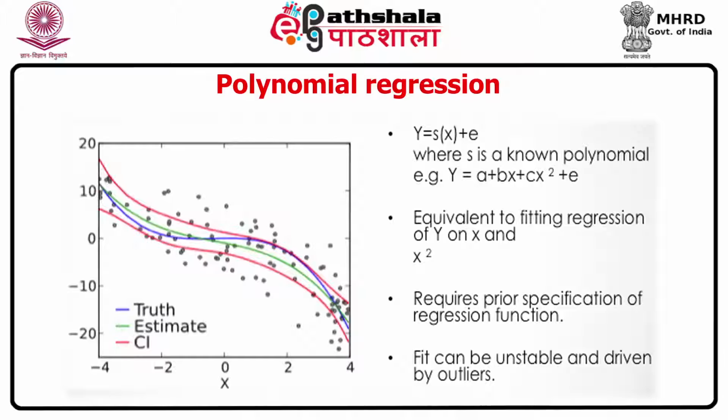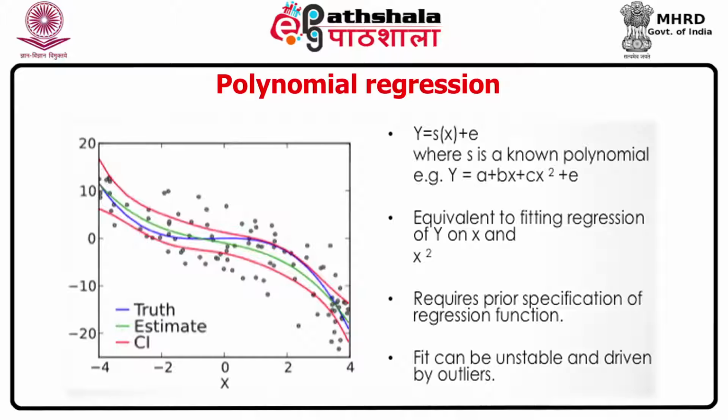This kind of regression cannot really be captured by fitting a single linear model, by fitting a single line, and instead a better idea would be to fit quadratic regression. So here we would try and fit the line y equal to a plus bx plus cx squared plus error. Now, as we know, the linear model can accommodate any model which is linear in the parameters, and we do not really need linearity in the covariates. So this is something which can be fit well within the purview of the linear model.